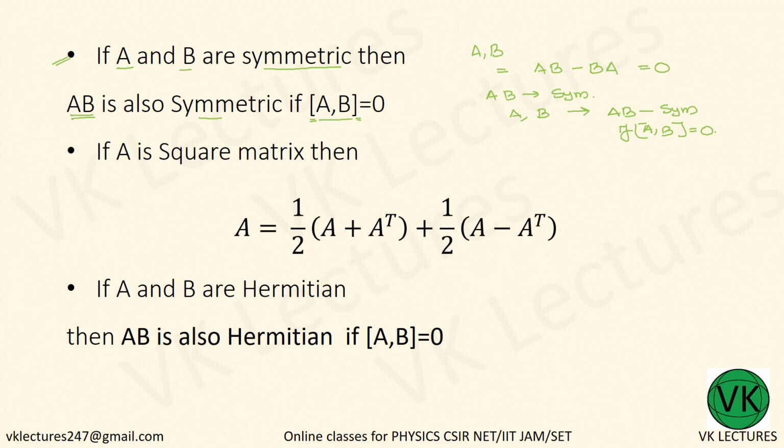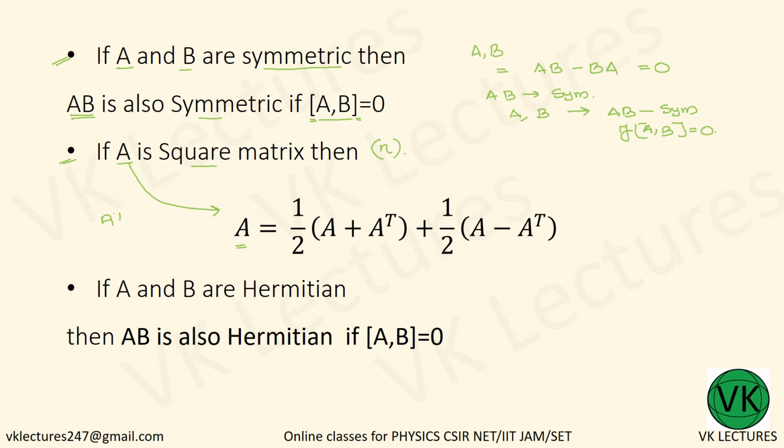Now the second point: if A is a square matrix of order n, it can be any order n, then A can be written in terms of the transpose.